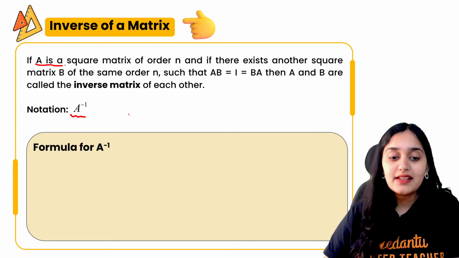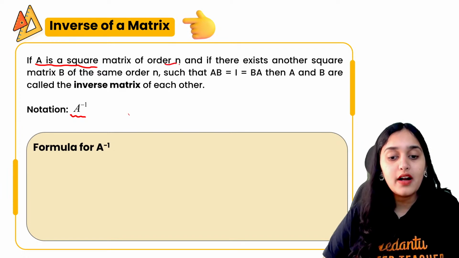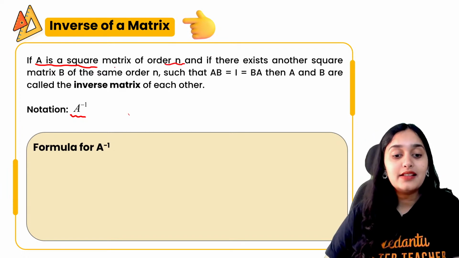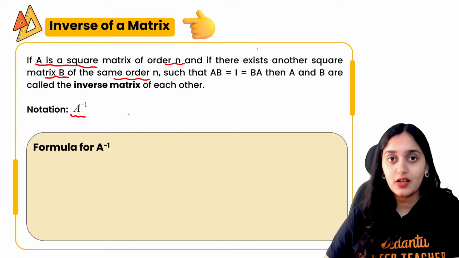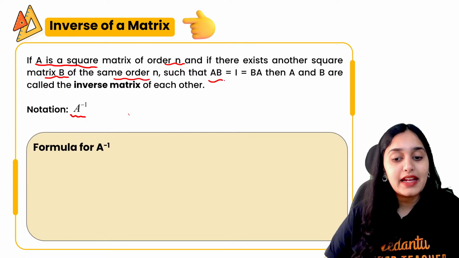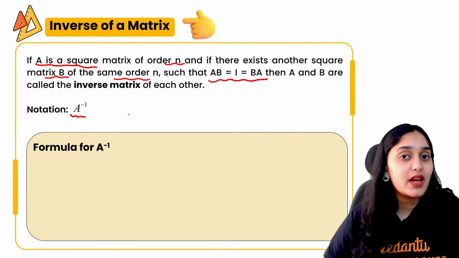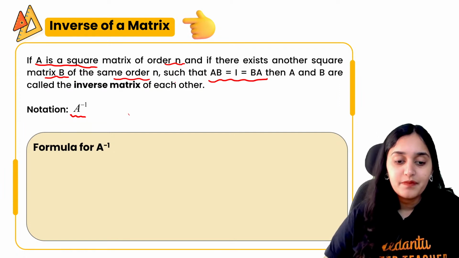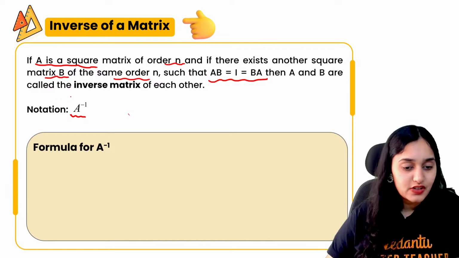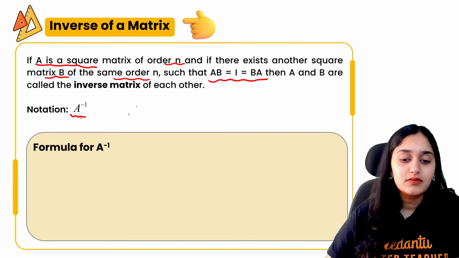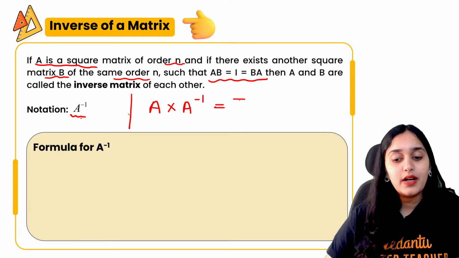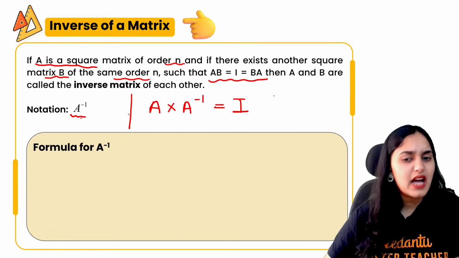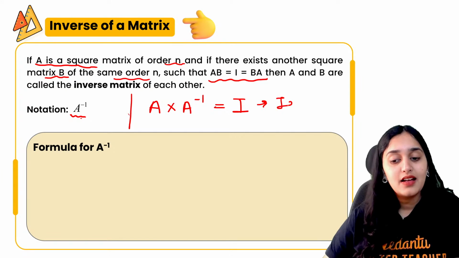So if A is a square matrix of order n cross n, there exists another square matrix B of the same order n cross n such that A into B is equal to B into A is equal to I matrix, and B is called the inverse of A. It basically means that A multiplied with A inverse is equal to I matrix. I is the identity matrix.